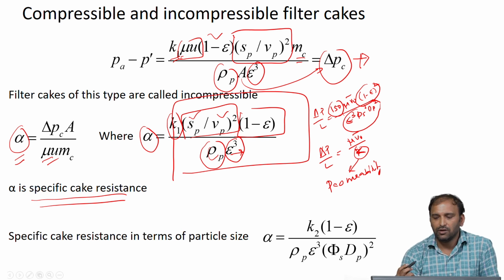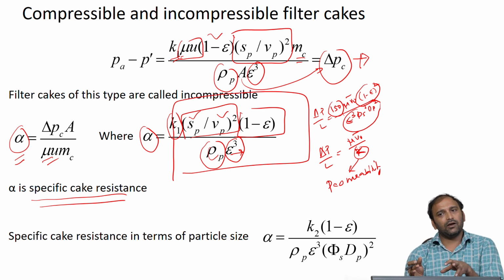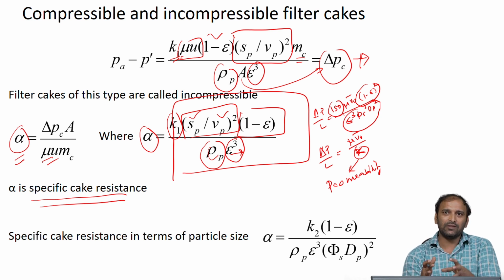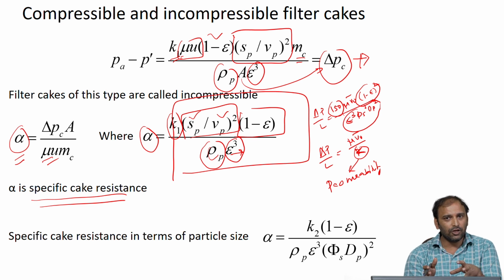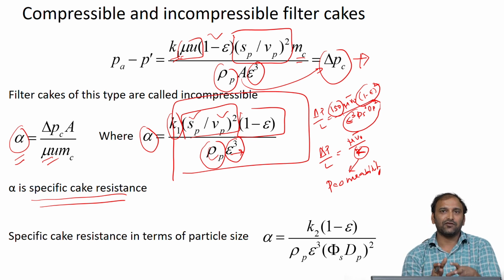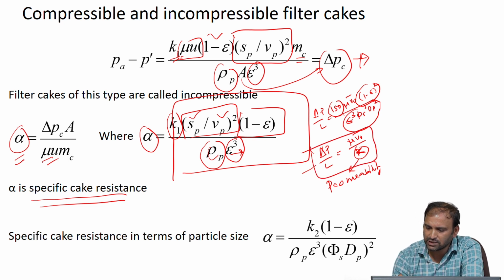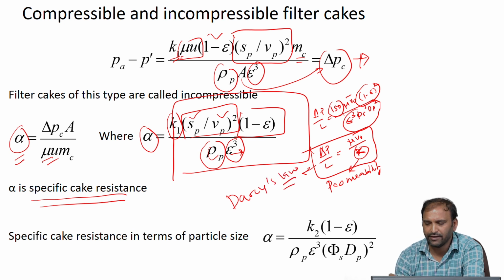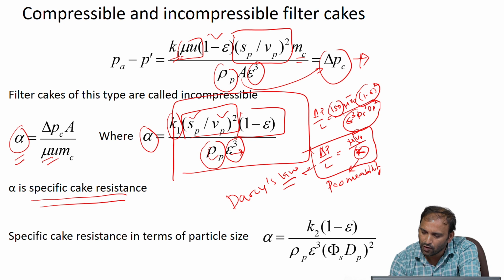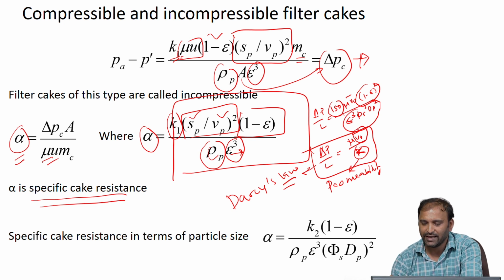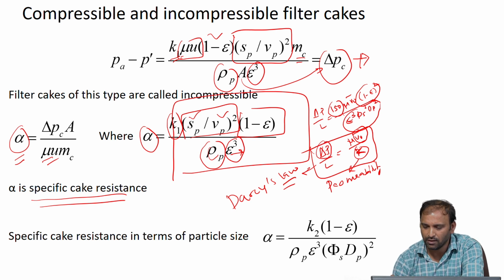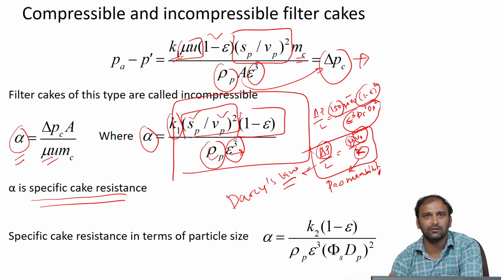K is what is called permeability, which basically tells you, one way to think about it, how permeable the packed bed is for the flow of fluid, okay. And if you look at this expression, this is what is called Darcy's law, which essentially states that the flow, or the superficial velocity, is directly proportional to the pressure drop across the bed, and inversely proportional to the viscosity, right.